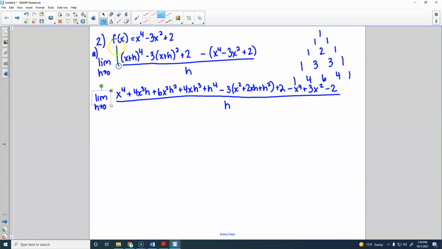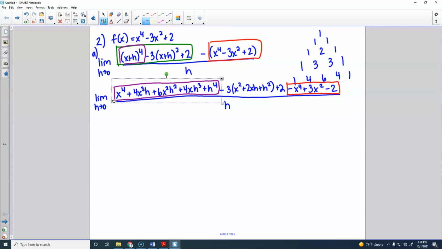So this part right here was my f of x plus h. This part was my f of x. Alright, so this right here that I have right here, there's my f of x. This was equal to all of this stuff right here.